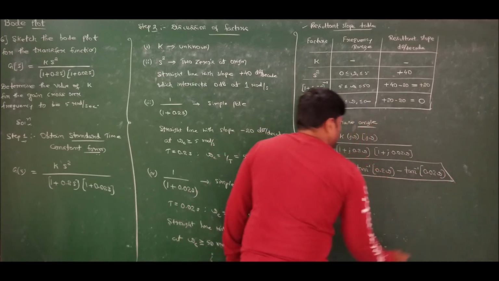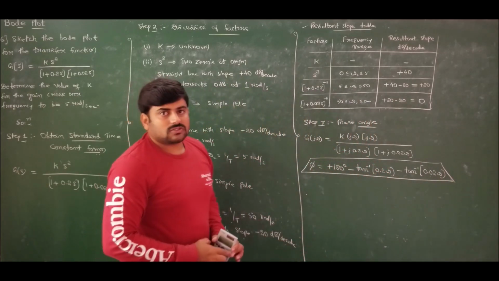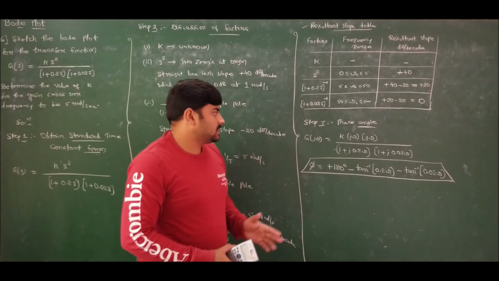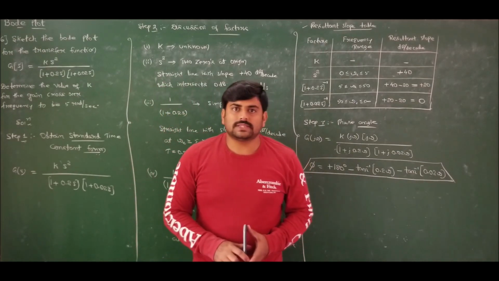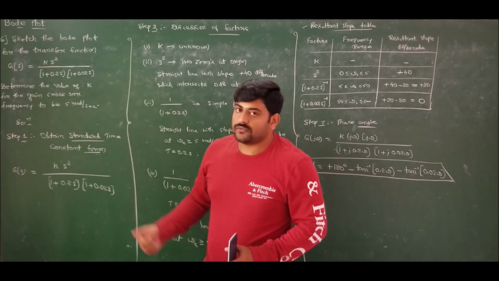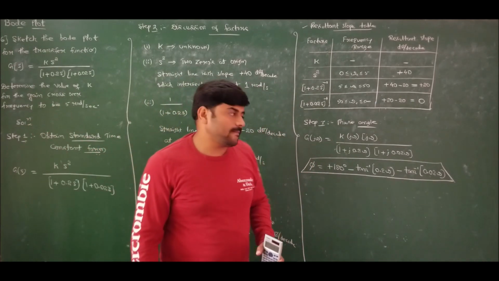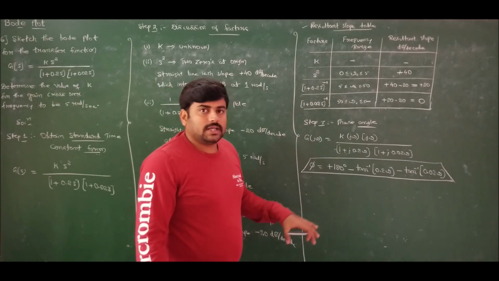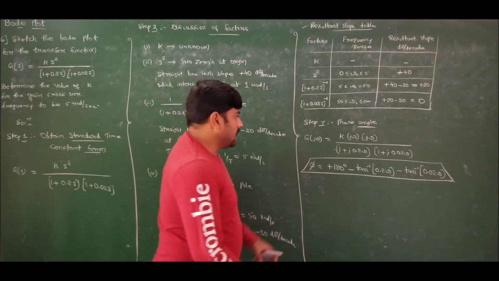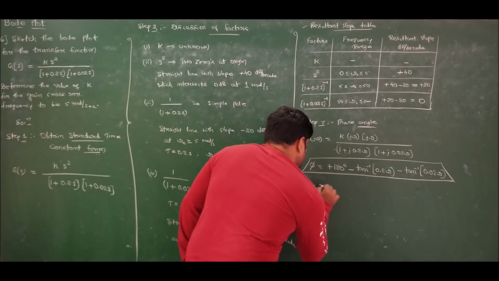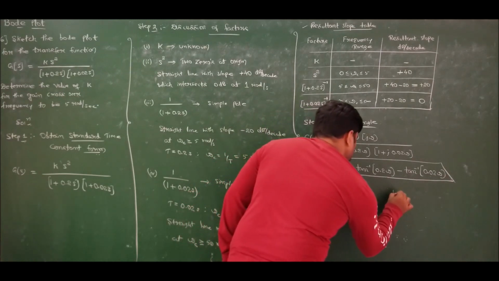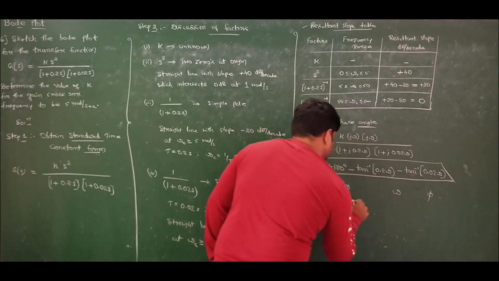Now no need to worry about the phase crossover frequency, which is not at all required for us. I don't want any phase crossover frequency because I am going to determine the value of k by using gain crossover frequency of 5 radians per second. So just you have to plot it in the bode attenuation curve, tabulate the results for omega and phi.